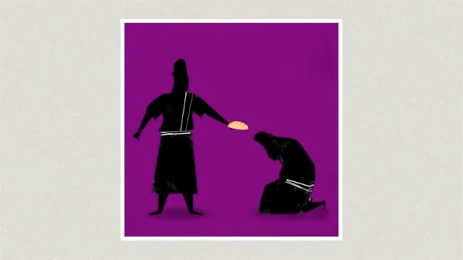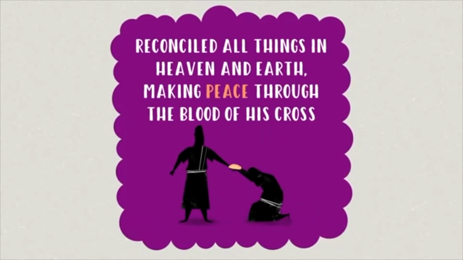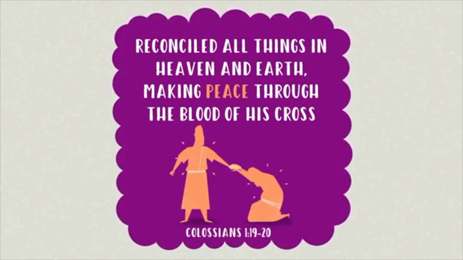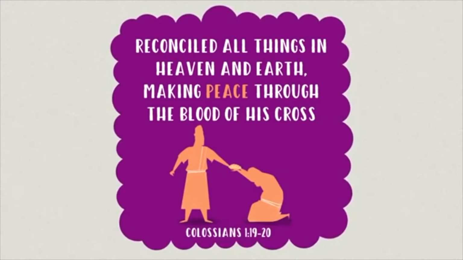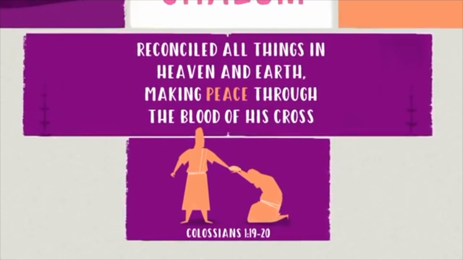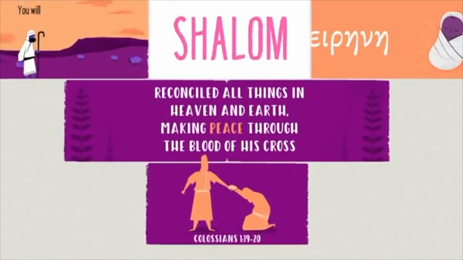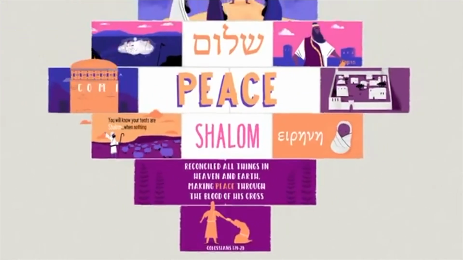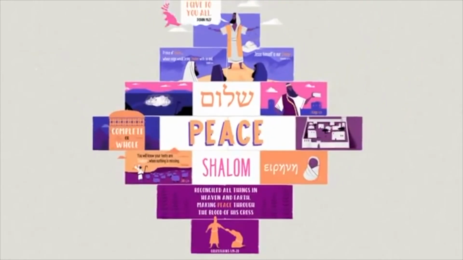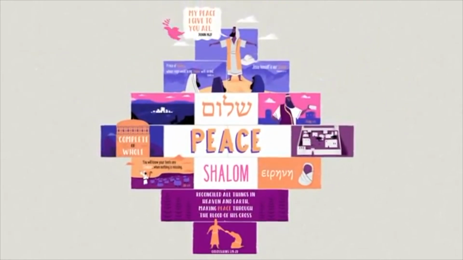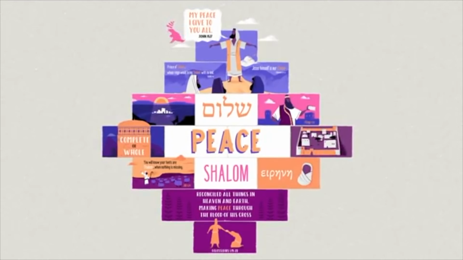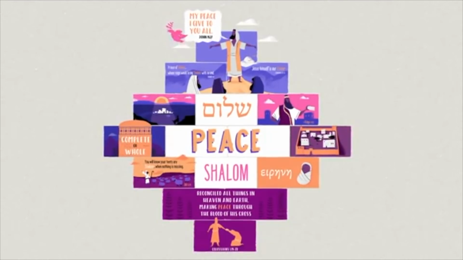Becoming people of peace means participating in the life of Jesus, who reconciled all things in heaven and earth, restoring peace through his death and resurrection. So peace takes a lot of work. because it's not just the absence of conflict. True peace requires taking what's broken and restoring it to wholeness, whether it's in our lives, our relationships, or in our world. And that's the rich biblical concept of peace.